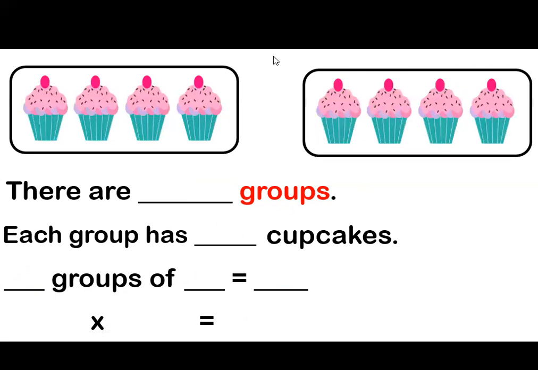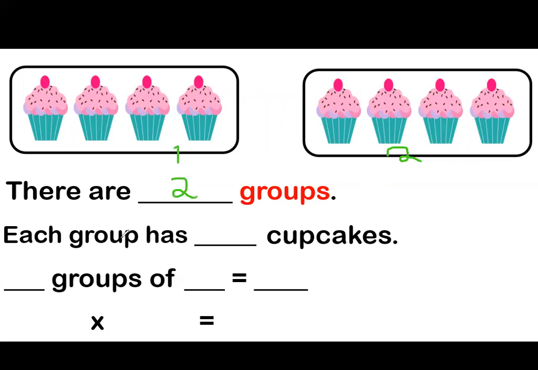I will call on Aimee. Aimee, how many groups are there? How many groups? 1, 2. So there are 2 groups.